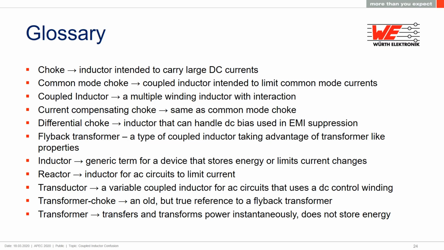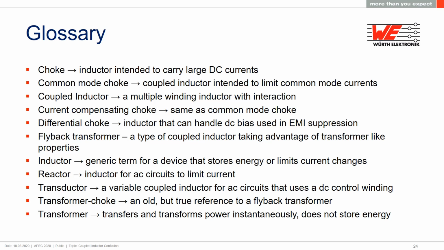Differential choke, an inductor that can handle DC bias and used in EMI suppression. Flyback transformer, a type of coupled inductor taking advantage of transformer-like properties. Inductor, the generic term that we use for devices that store energy or limit currents.